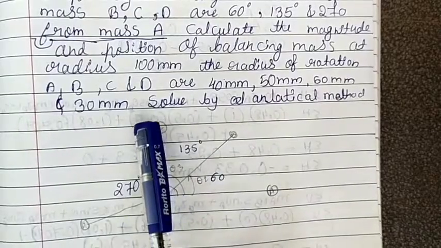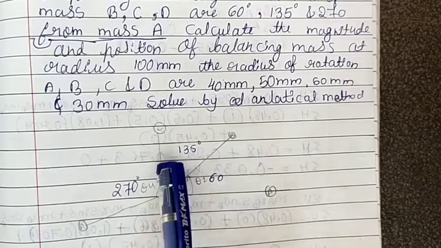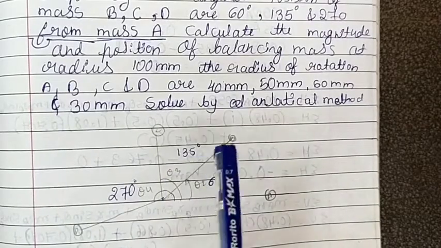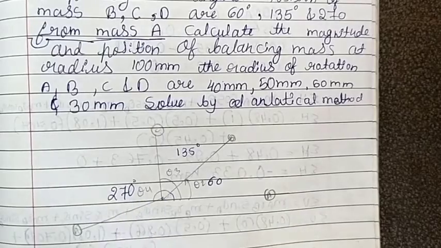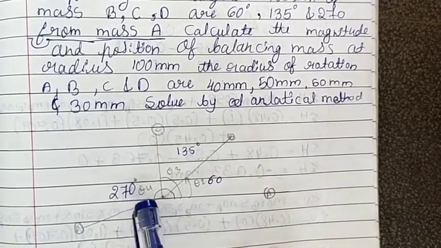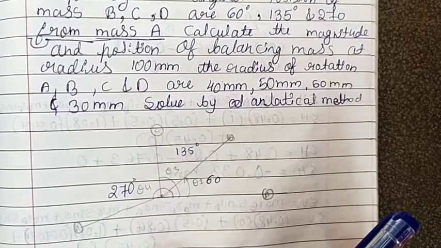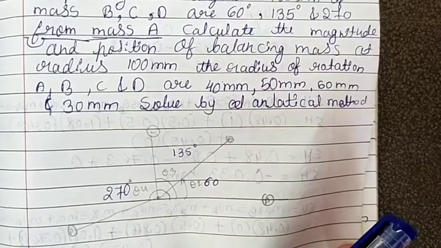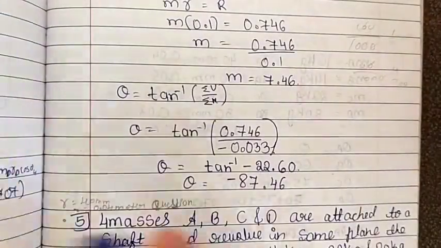MC is 135 degree from mass A, and MD is 270 degree. So we are drawing a rough diagram, so you need not take exact angles. This is the diagram we will get when the four masses are rotating in the same plane. Okay, so now we will take the solution.